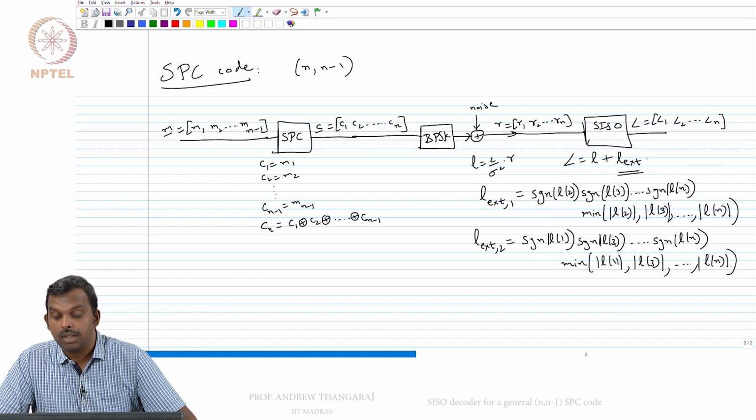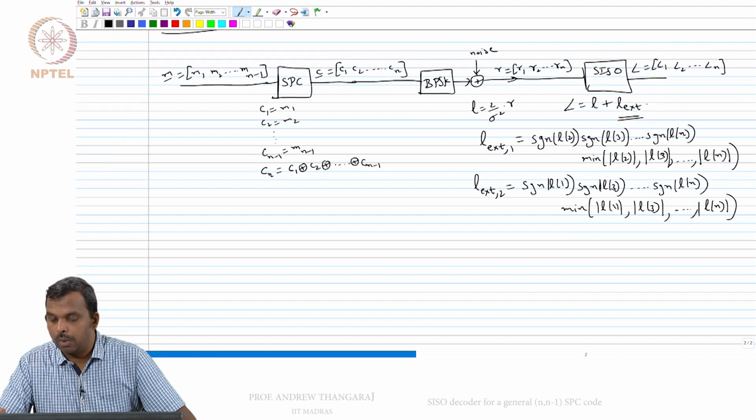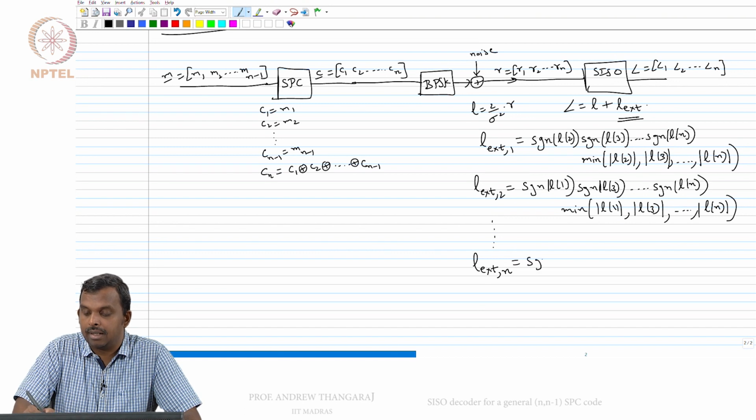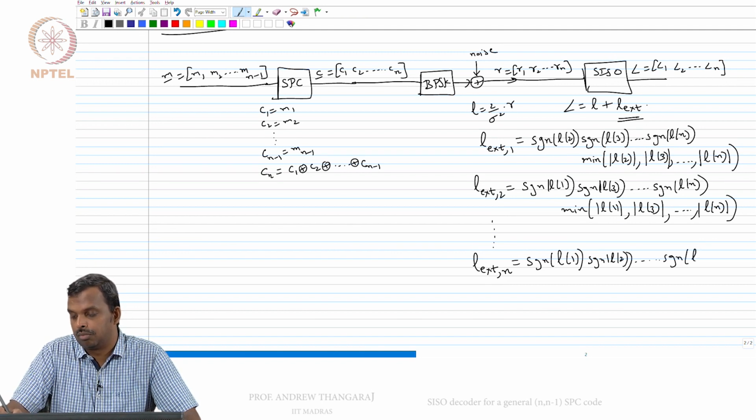Is that okay? That is what you do for the second extrinsic value. Likewise, you can go on. What happens for the last extrinsic value? You will only take the first n minus 1, and then the minimum over the first n minus 1.